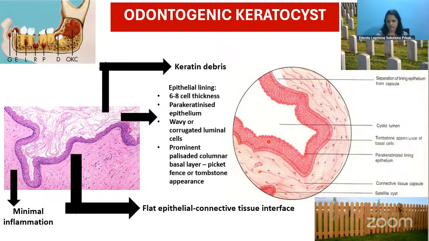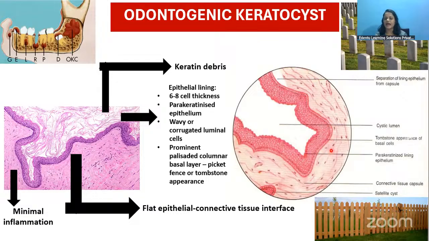Next, underneath those cells, we have the spinous cells, and underneath those spinous cells, we have the basal cells. There are characteristic features of basal cells seen because these basal cells are like ameloblast-like cells. They show a picket fence appearance or tombstone appearance, which is very prominent in the odontogenic keratocyst.